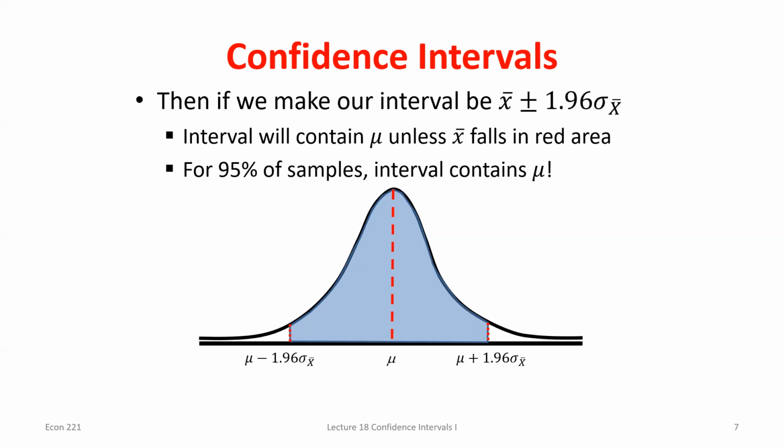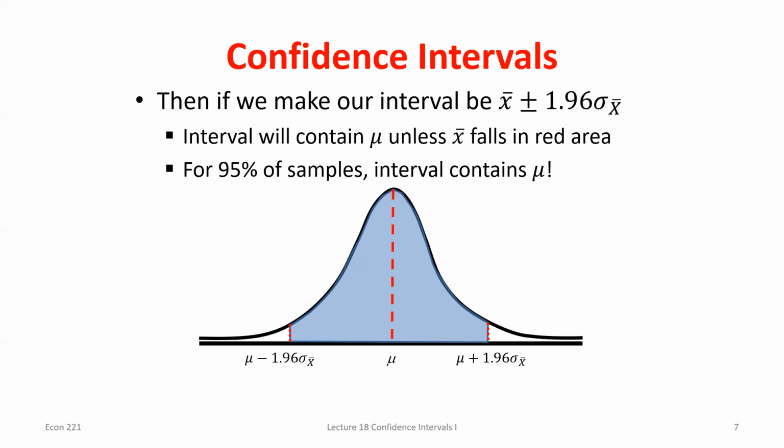Now, if I see a sample mean way out here, I should draw this over here. And I go 1.96 standard deviations above that value, now that won't get me back to whatever that original population mean is.